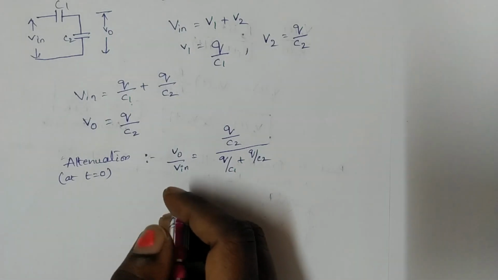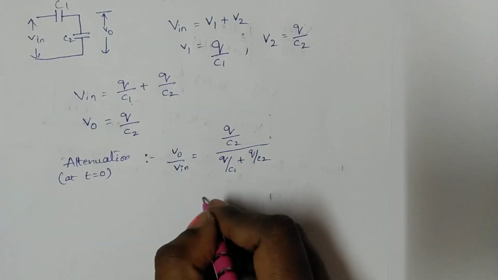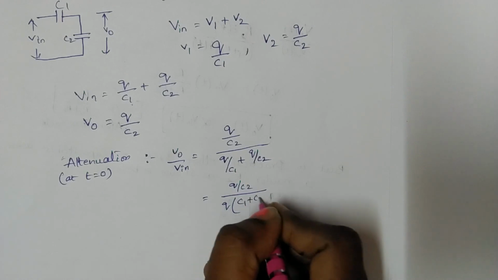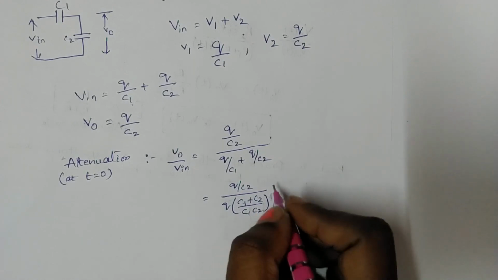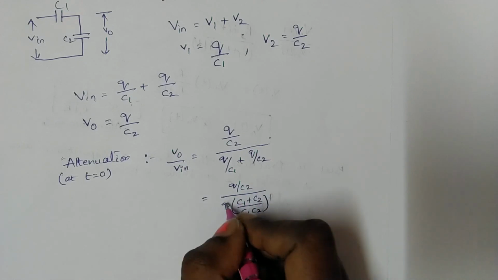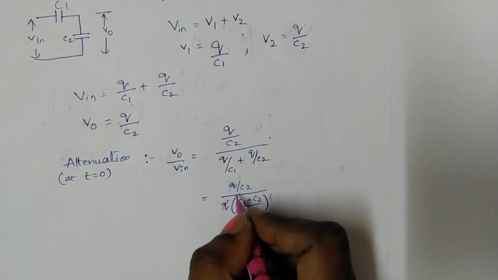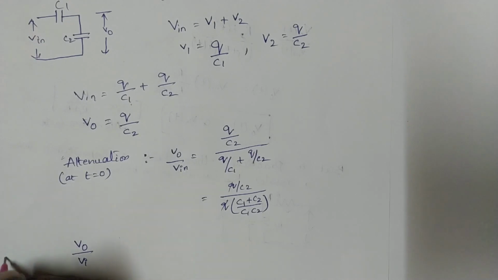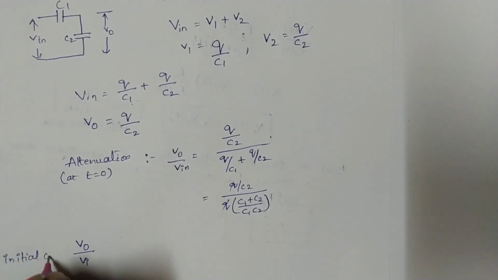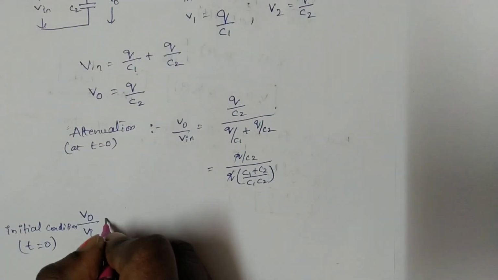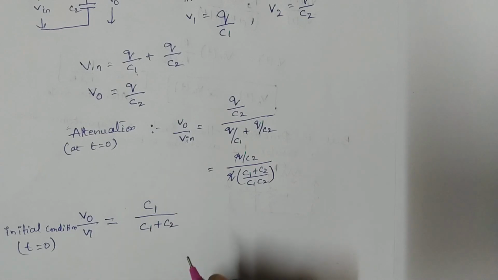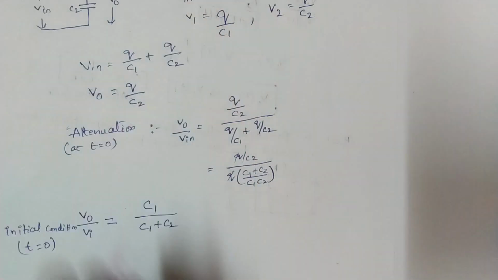We get Q by C2 divided by Q into C1 plus C2 by C1 C2. After taking Q as common, the Q and Q cancel, and we get V output by V input at the initial condition, t equal to 0, equal to C1 by C1 plus C2.